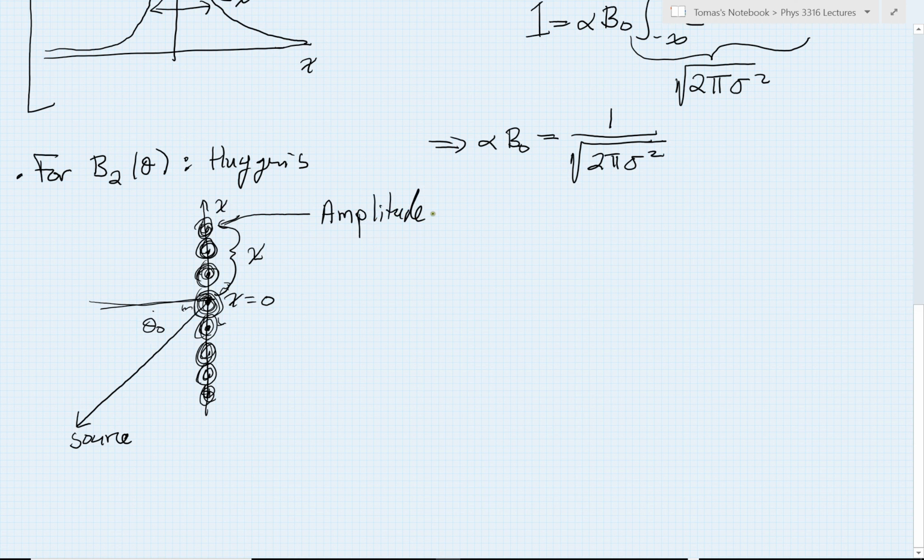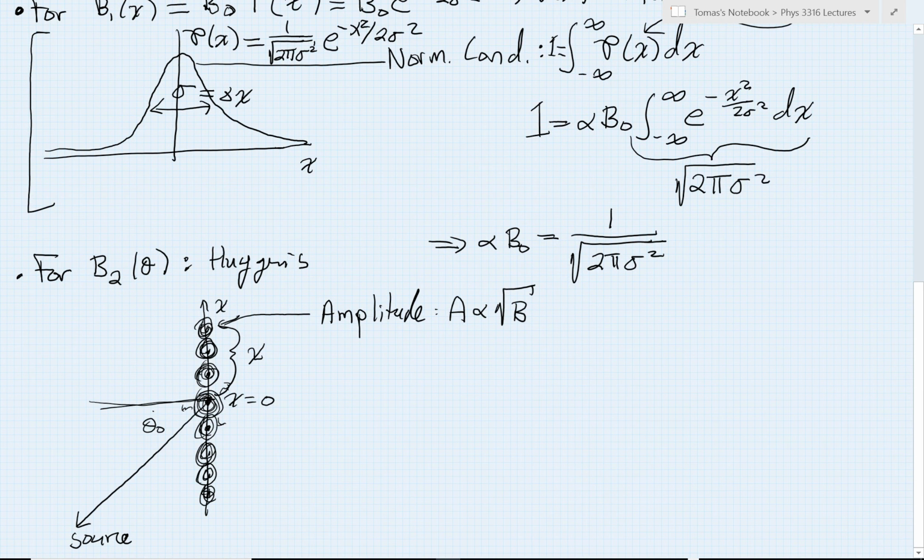For the amplitude, we know the basic relationship, which is that the amplitude of a wave goes like the square root of the brightness. Now, of course, it's not a strict equality. These types of calculations are always done as a proportion, with some kind of proportionality constant, but the amplitude is proportional to the square root of the brightness, so we actually can determine it.